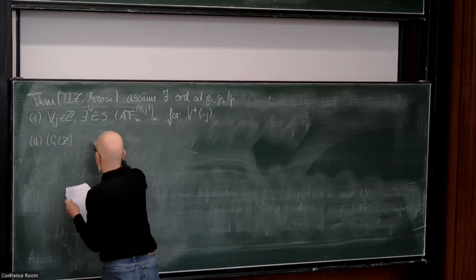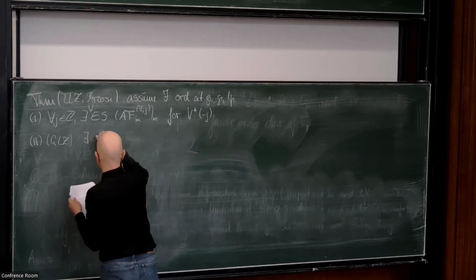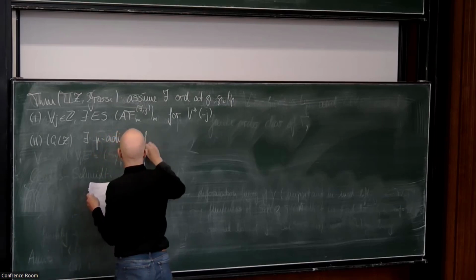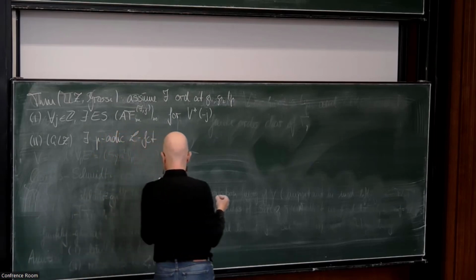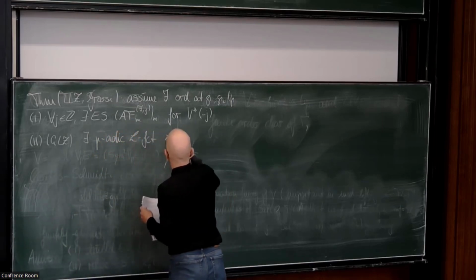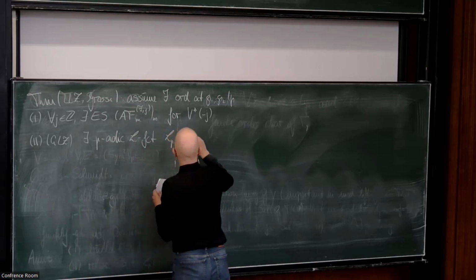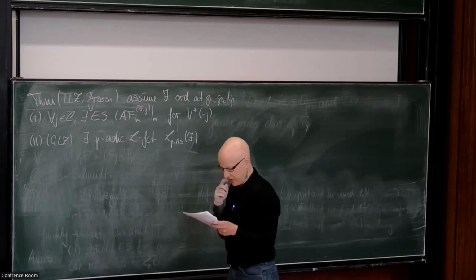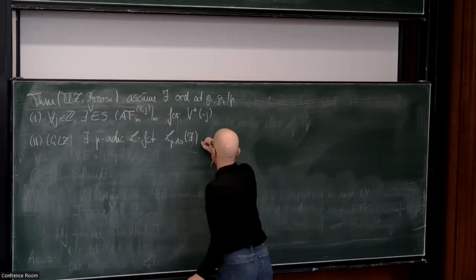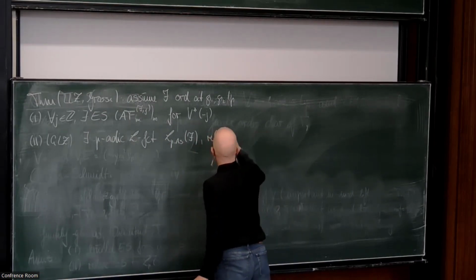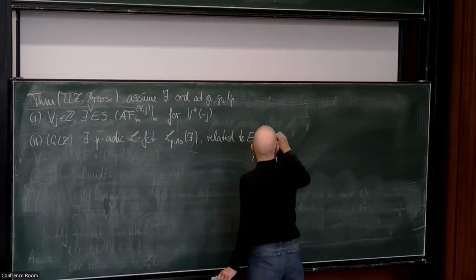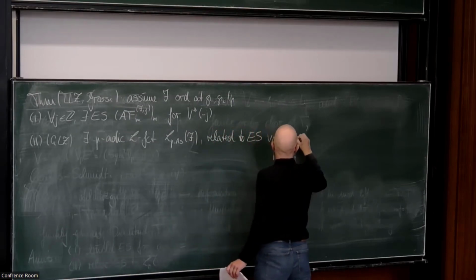Under the same assumptions, there exists a p-adic L-function, which I will call L_p Asai of F, which interpolates the critical values of the complex L-function, and it is related to the Euler system via the Perrin-Riou regulator map.